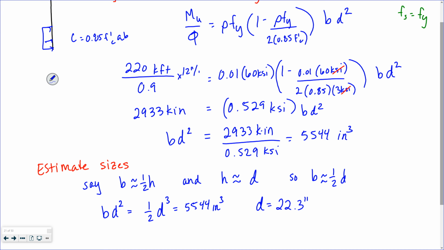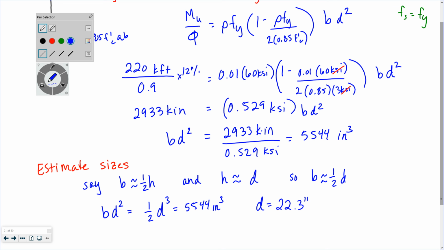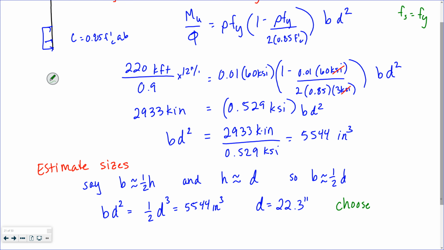And B is supposed to be half of that. So I'm going to say my width is equal to 12 inches. Alright, a foot wide. That's generally nice, right?